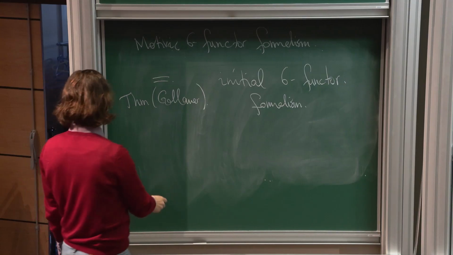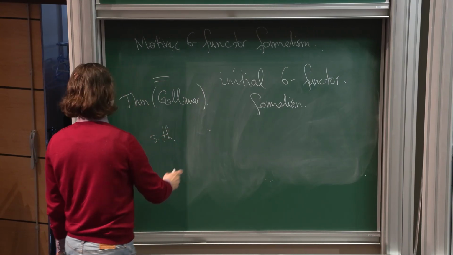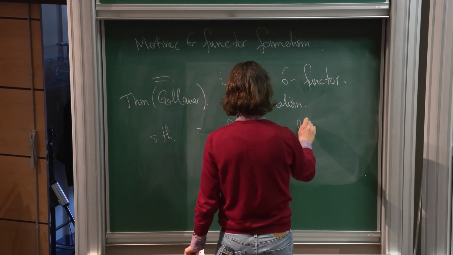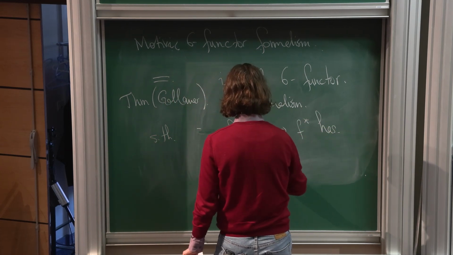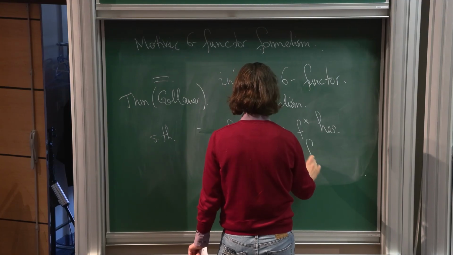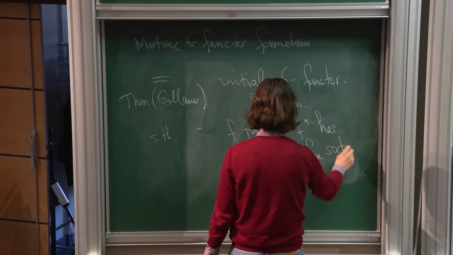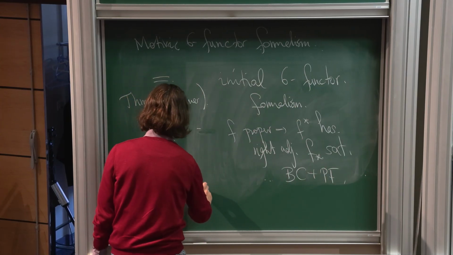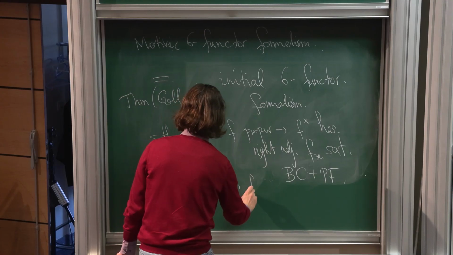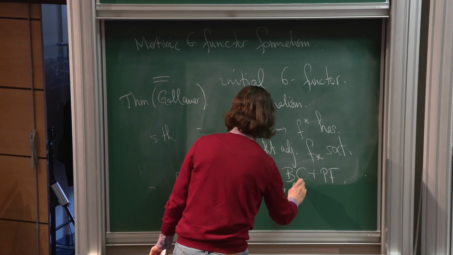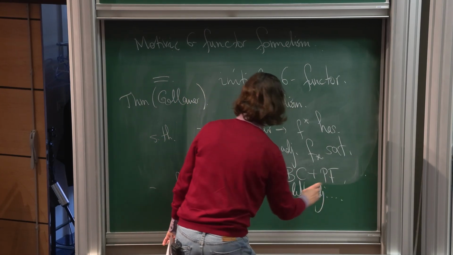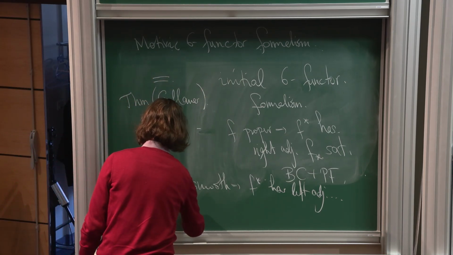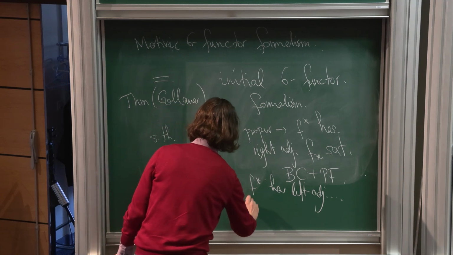And then you just ask for certain properties. For example, you want that if f is a proper map, then pullback has a right adjoint, which is still in PrL, so it's colimit preserving, f lower star, satisfying base change and the projection formula. Or if f is smooth, then it should have a left adjoint, satisfying base change and the projection formula. And then there's probably some excision that you might want, some A1 invariance.